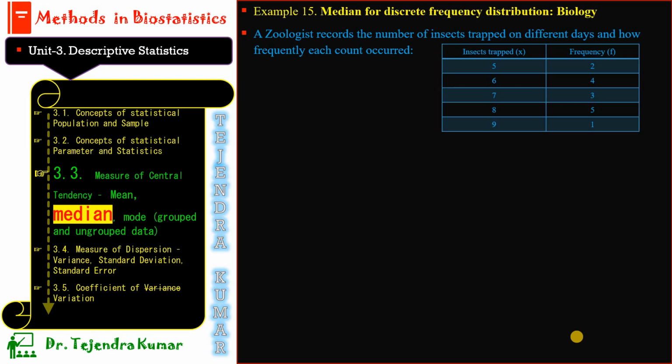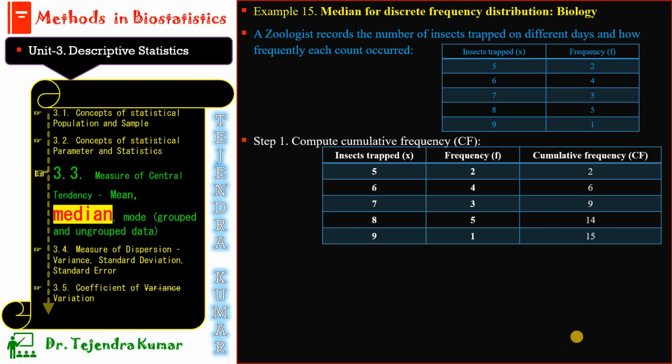See this table which is given, insects trapped and their frequency. First of all, compute cumulative frequency. You can see the cumulative frequency as we have calculated in the last example: 2 plus 4 is 6, plus 3 is 9, plus 5 is 14, and plus 1 is 15.